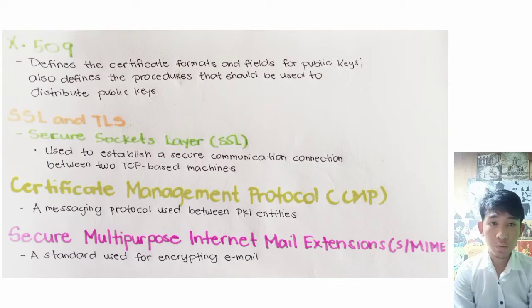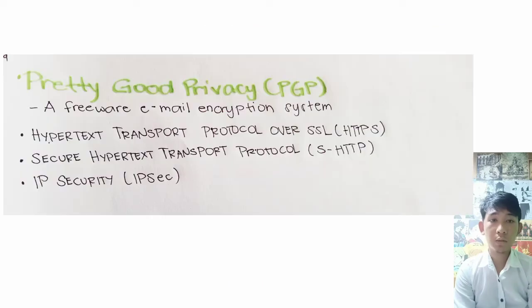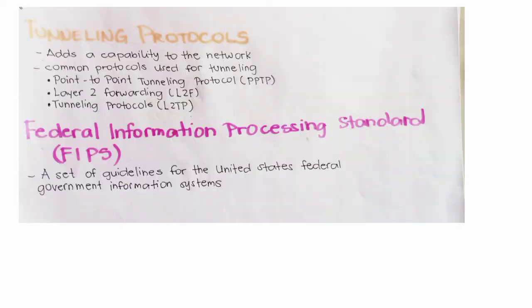Secure Multipurpose Internet Mail Extension or S/MIME, Pretty Good Privacy or PGP, a freeware email encryption system, Hypertext Transport Protocol over SSL, HTTPS, Secure Hypertext Transport Protocol or S-HTTP, and IP security or IPsec.